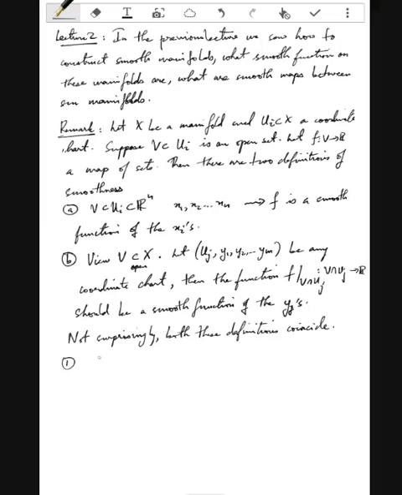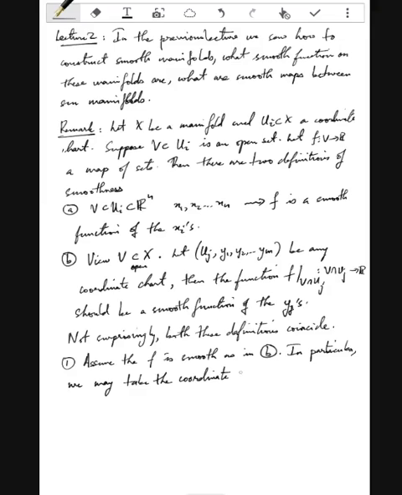So assume that f is smooth, as in definition B. Then in particular, we may take the coordinate chart U_i along with the functions x1 up to xn.